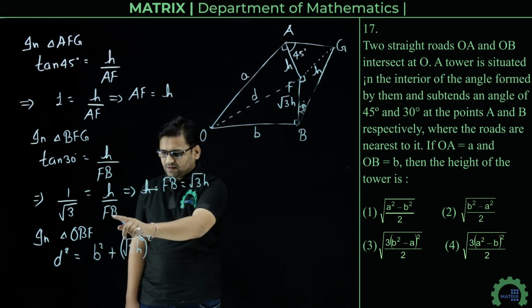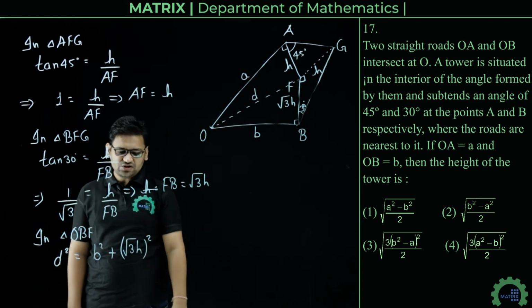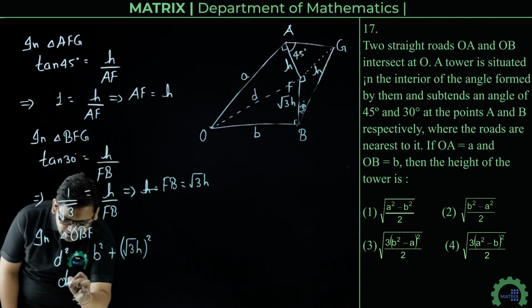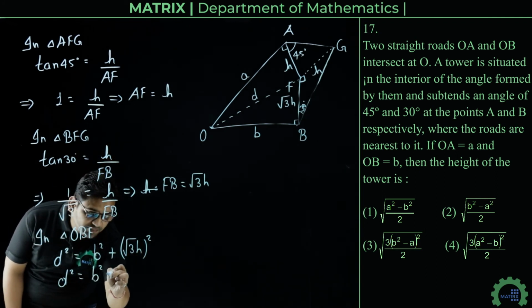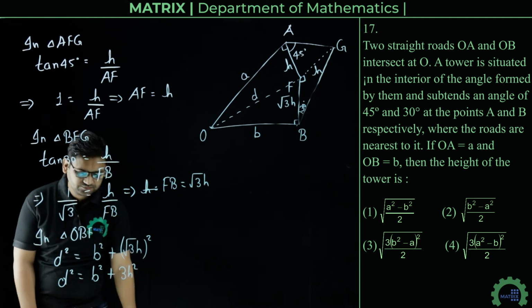So we can take the value of fb as root 3h, and write d square is equal to b square plus 3h square.